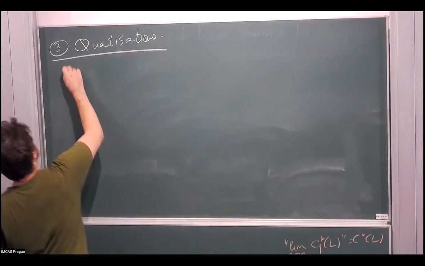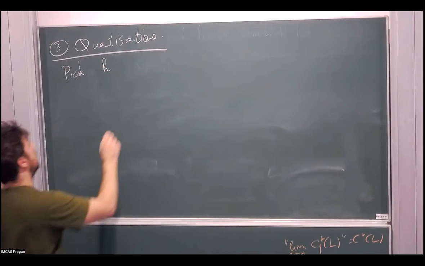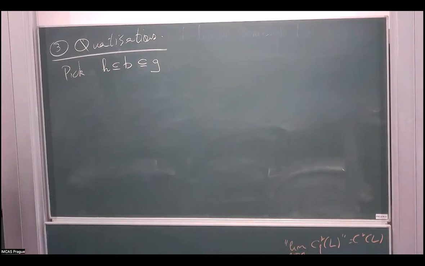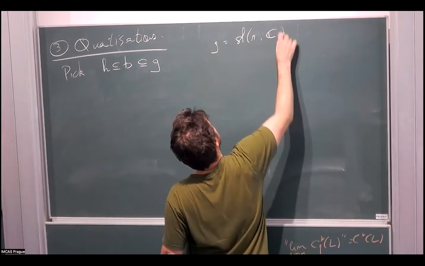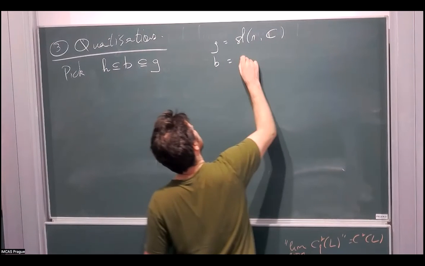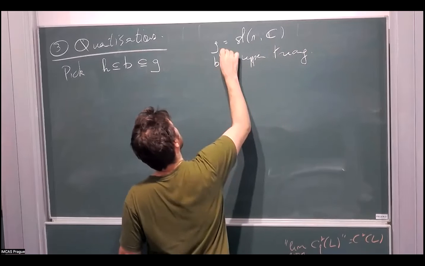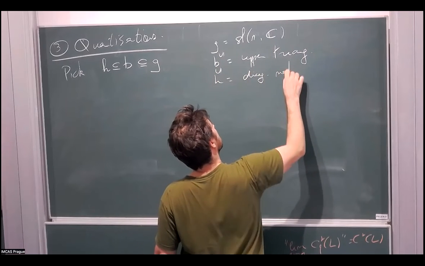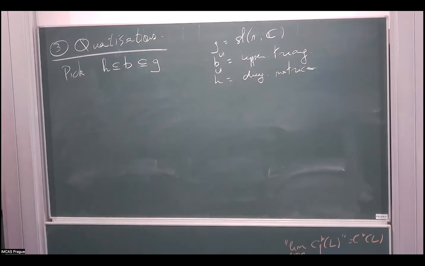For this, I pick some Cartan subalgebra H of G and some Borel subalgebra B. Again, if you are not familiar with these terms, just think of G as being SL_n(C), and then I will take B to be the upper triangular matrices inside, and I will take H to be the diagonal matrices inside. And then you can do this in the general case as well.